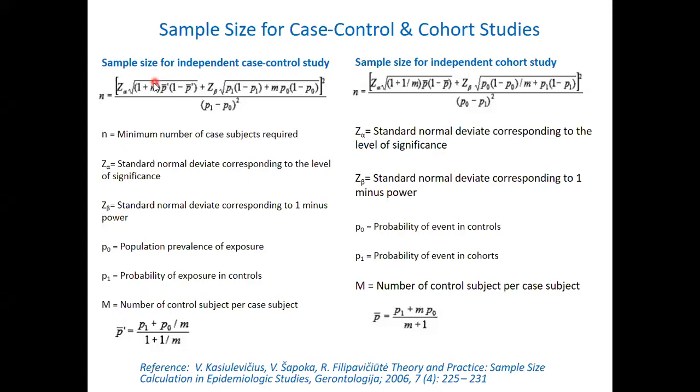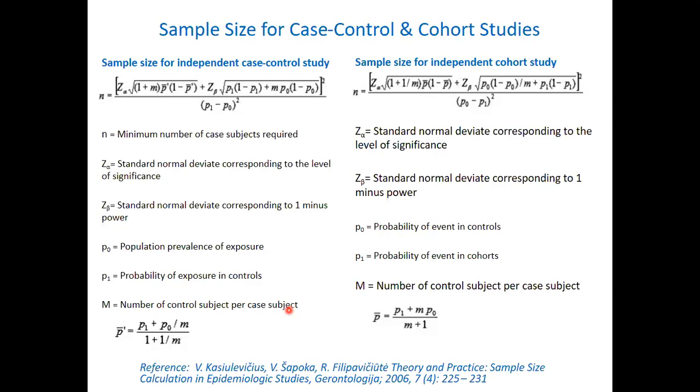You see M in this formula. M is the number of control subjects per case subject. This is very important because most of the time the diseases you use it for are very rare. Just like I said, you may do a multi-center case control study and not even see up to 20 cases. Will you not gather 20 controls also, 40?